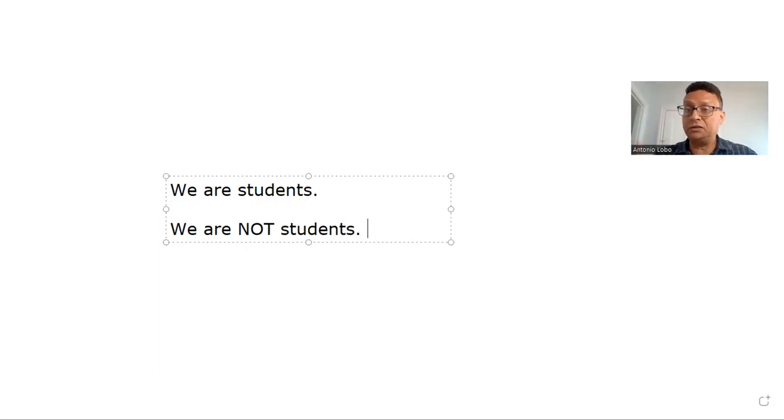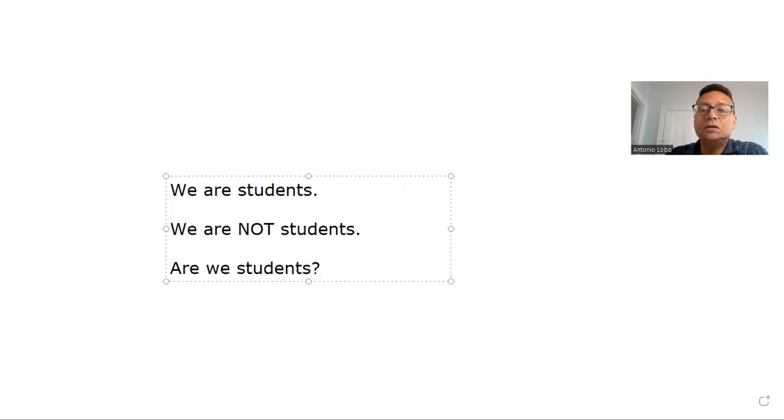And to make interrogative or questions, I just have to change the structure of the verb. I put the verb first, are we students. See? So right here, you see person, subject, verb, and object.